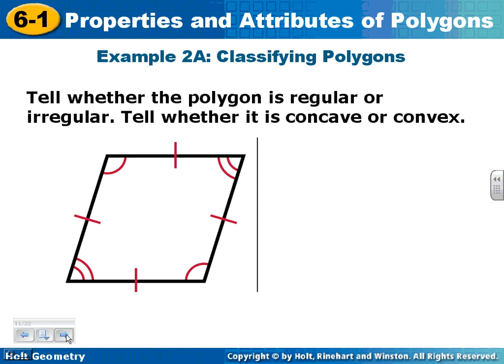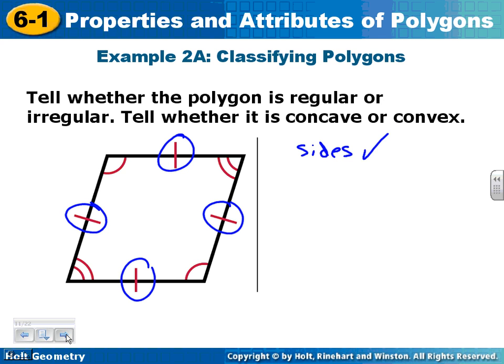So tell whether the polygon is regular. Well, are my sides congruent? I see 1 tick mark, 2 tick marks, 3 tick marks, 4 tick marks. So the sides being congruent, I'd say yes, they are. But look at your angles. I see 1 tick mark, 1 tick mark, but I see 2 here and 2 here.